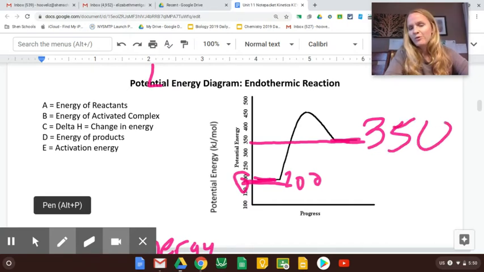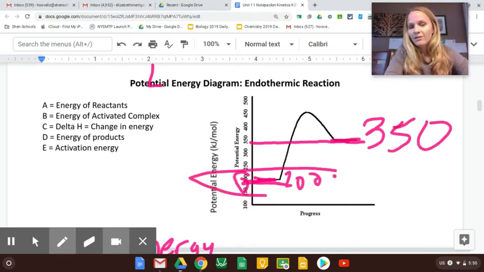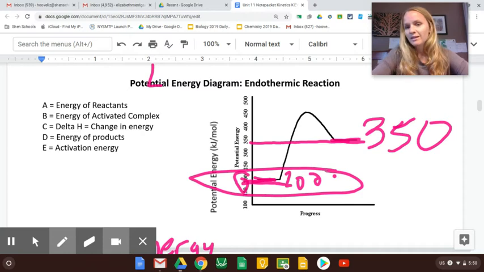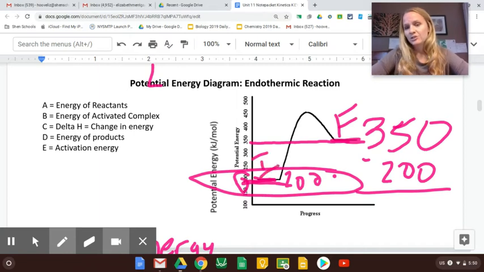But wait, I didn't profit 350 because I already had 200 in the beginning. So the way you figure out the net change is to take the final minus the initial. Subtract what money you had to spend to start your business or what was already there. So 350 minus 200. Okay, so your change in heat or energy is 150.